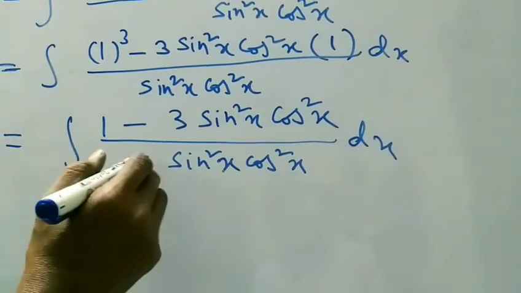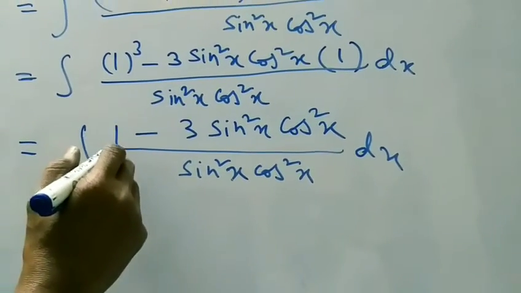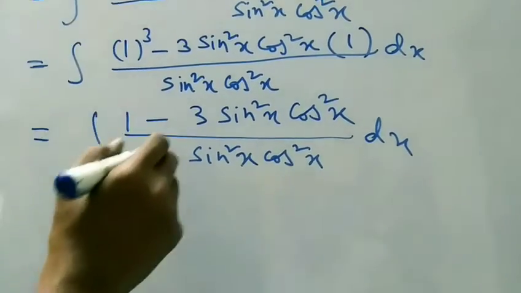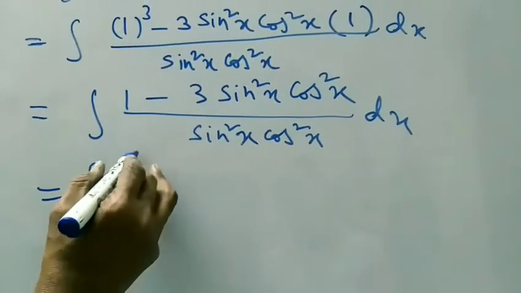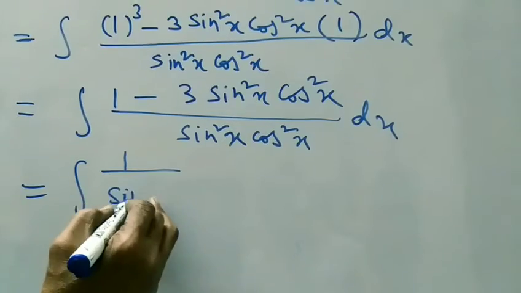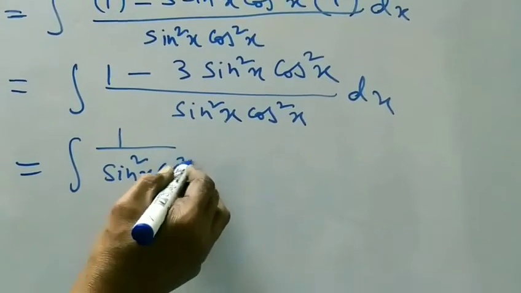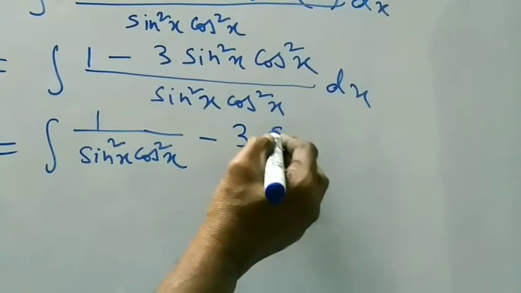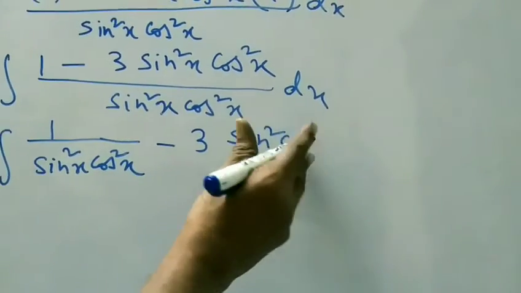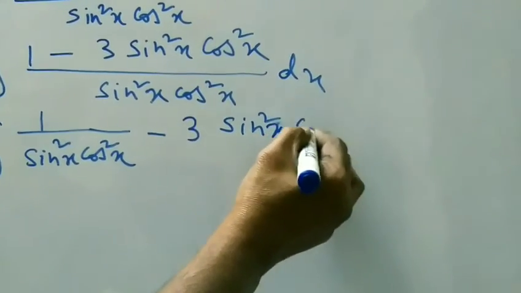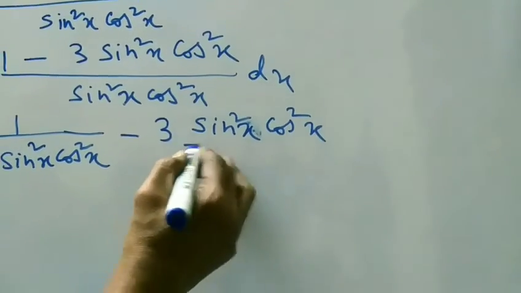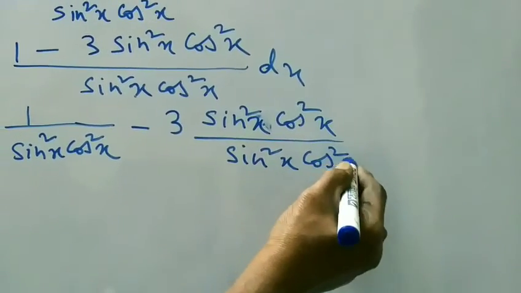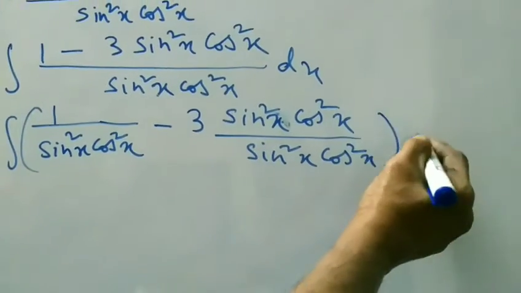Here two terms are there. It is split into two terms: the integral of 1 by sin square x into cos square x minus 3 into sin square x cos square x, whole divided by sin square x cos square x, dx.